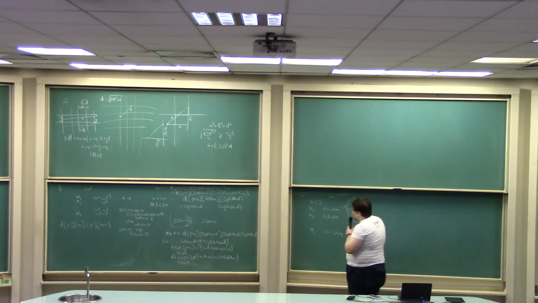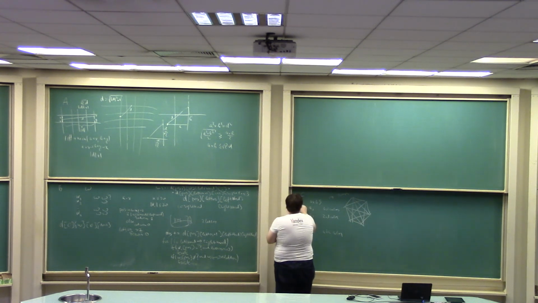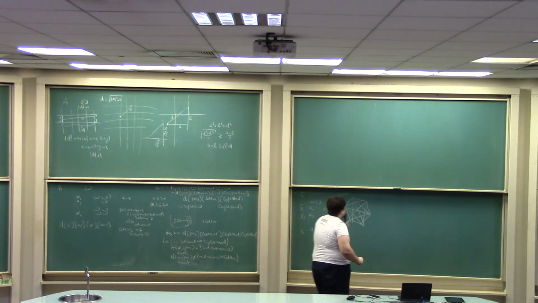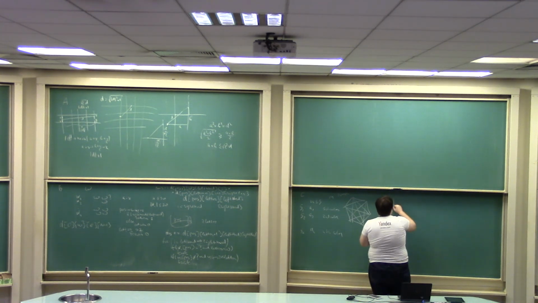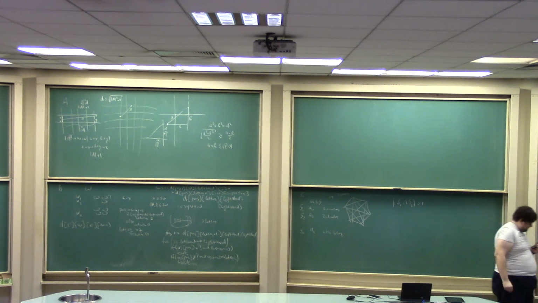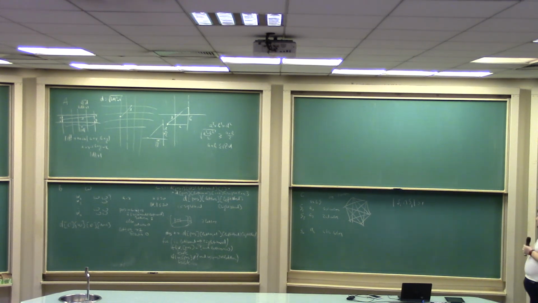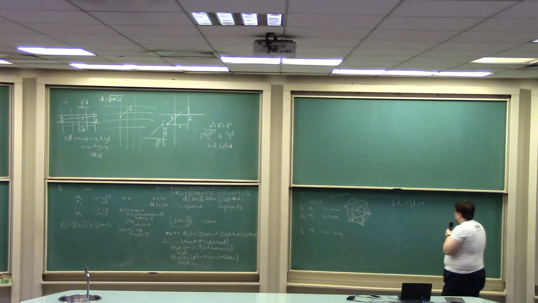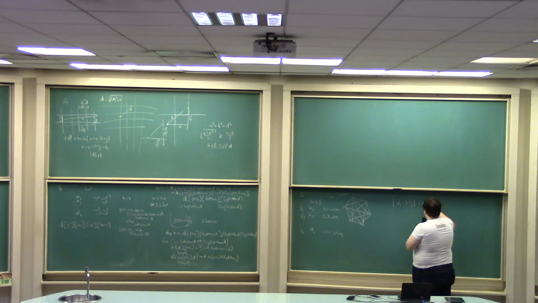So let's say that this set of vertices is 1, this is 2, this is 7. Then this can be either 0 or 1.